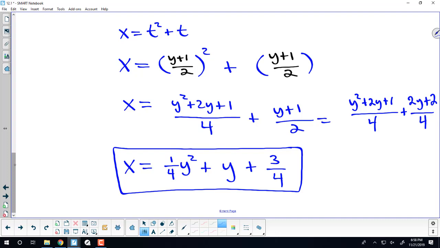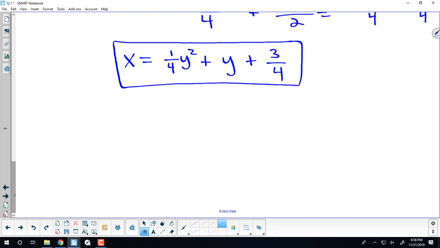What is it? Yeah, it's opening to the right. It's a parabola, but it opens to the right instead of up. And honestly, if we solve for t in terms of x and then plug that into y, we would have y equals something.